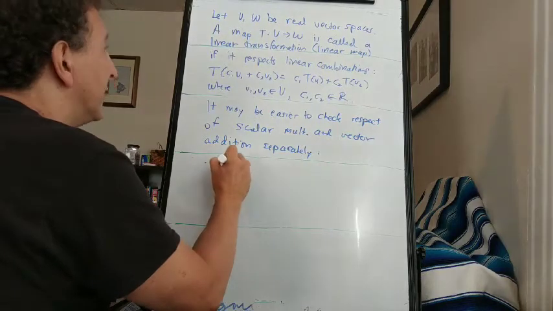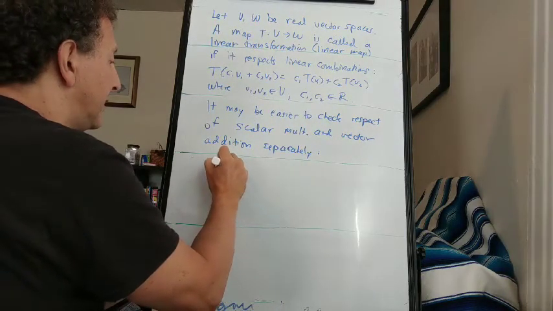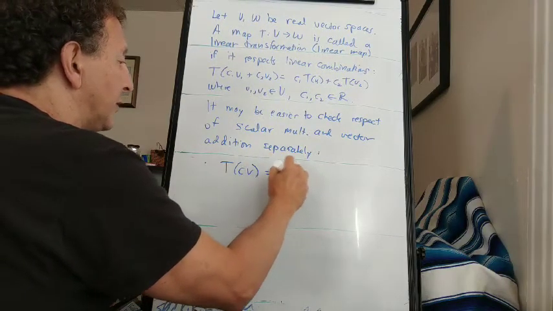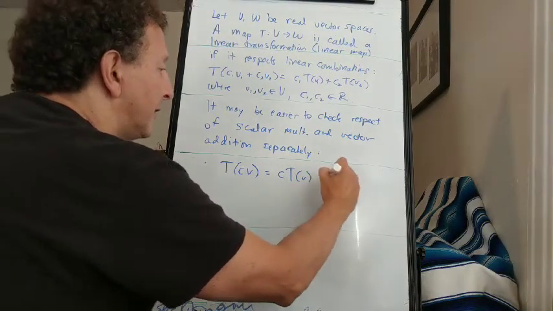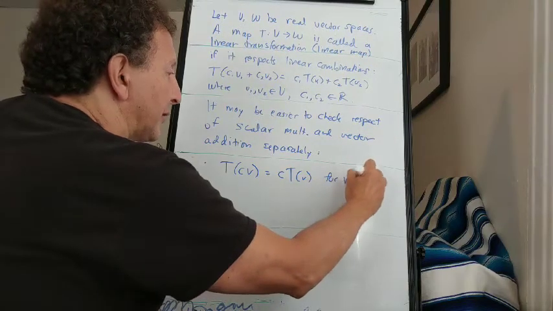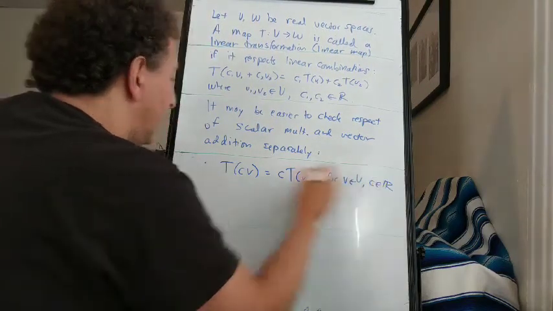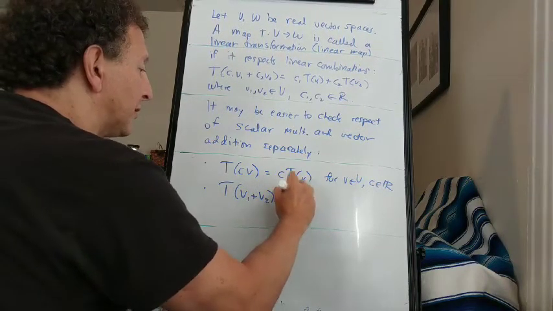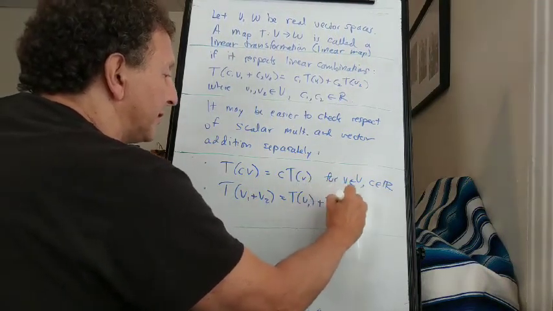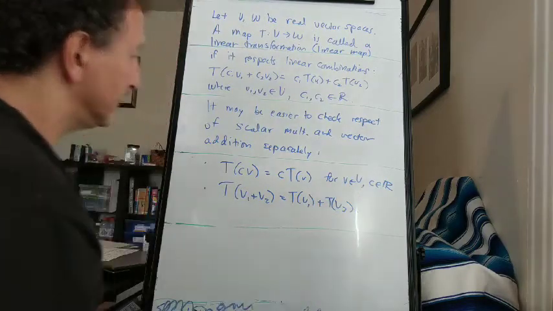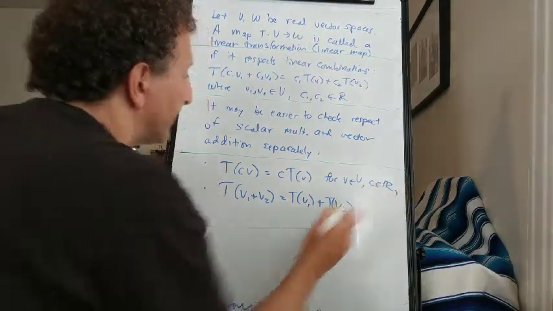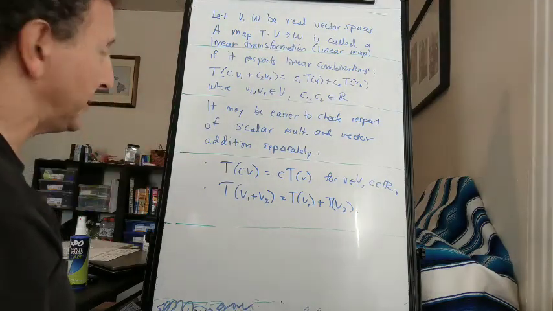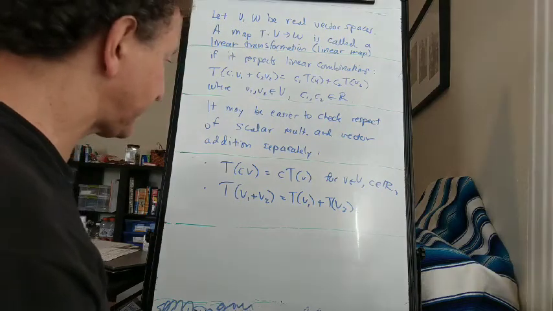In that case, we can check that T of cv equals c T of v for v in the vector space and c a scalar. And we can check that T of v1 plus v2 equals T of v1 plus T of v2. In case we have a complicated linear transformation, it might be easier to do it this way. But it's fine to do it either way.